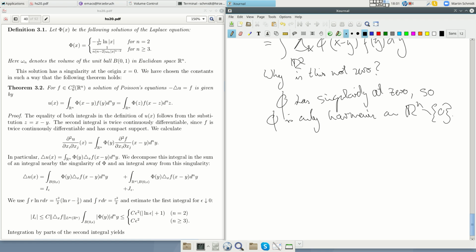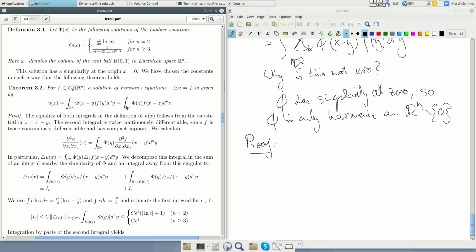Okay, now let's prove this theorem. Proof of the theorem. We want to use that phi is harmonic here. So first we use this expression here. And since f is twice continuously differentiable, we can put this in.